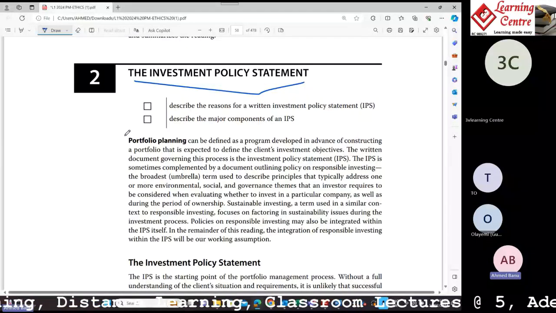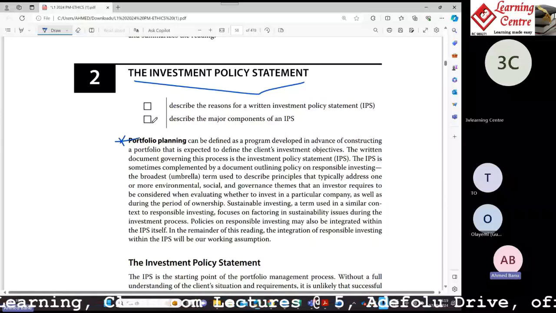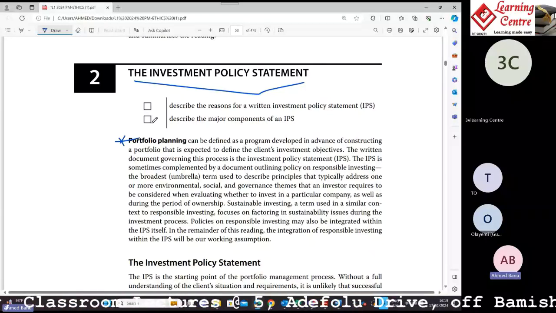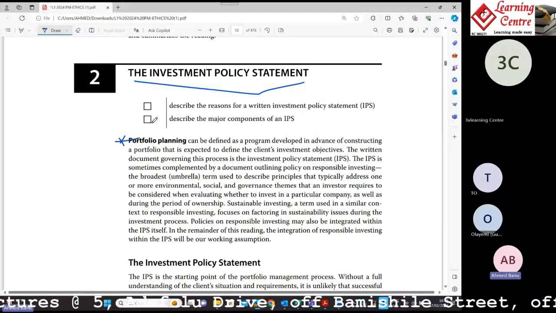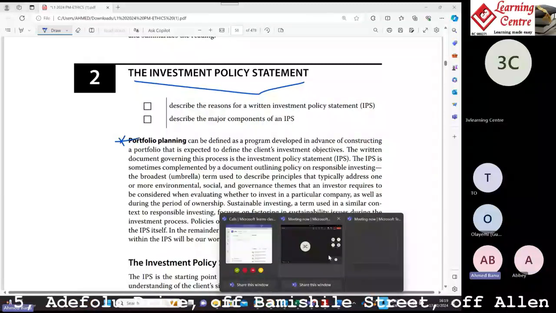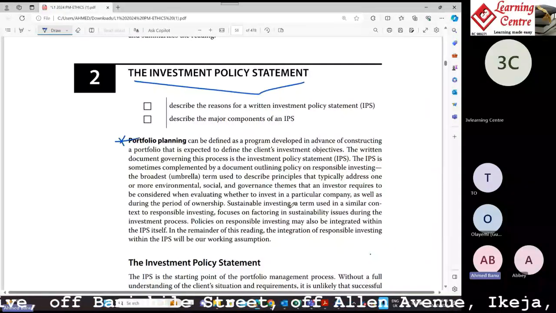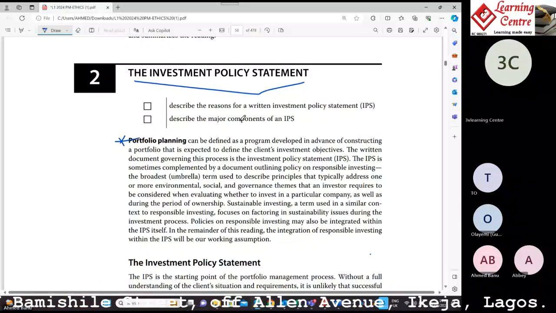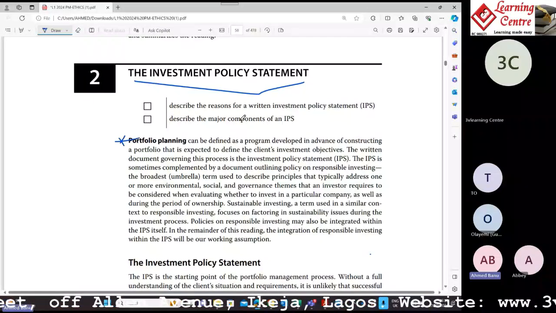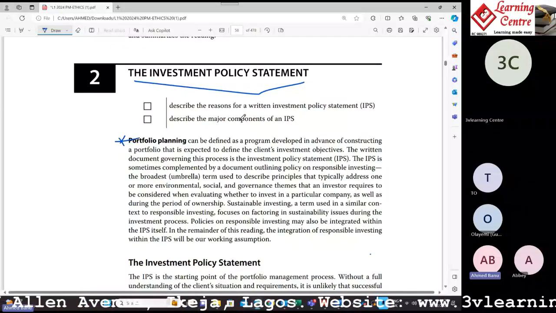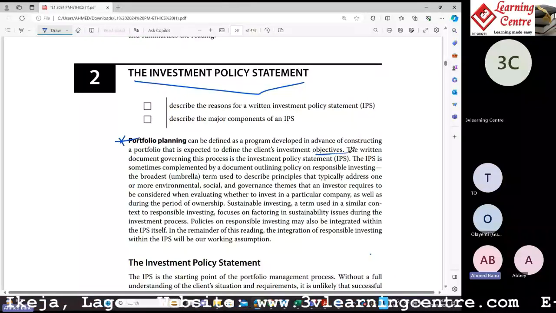So portfolio planning, just to give a bit of reading out of the curriculum. Portfolio planning can be defined as a program developed in advance of constructing a portfolio that is expected to define the client's investment objectives.